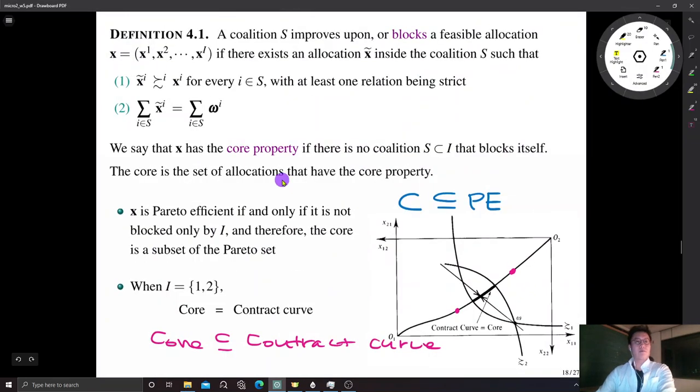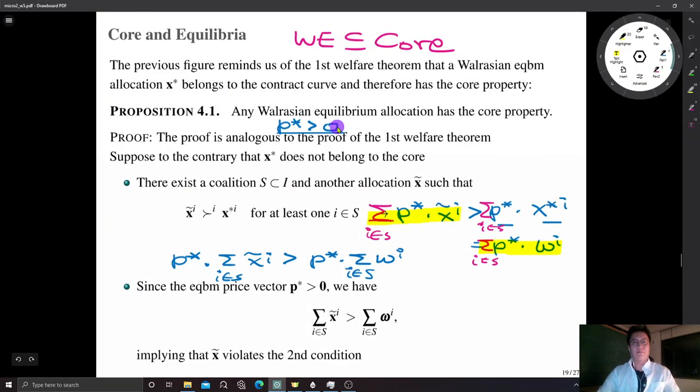It does not satisfy the second feasibility condition. So there is no feasible allocation X tilde such that every member in the coalition weakly or strictly prefers X tilde to X star. So that is a proof of this proposition 4.1.